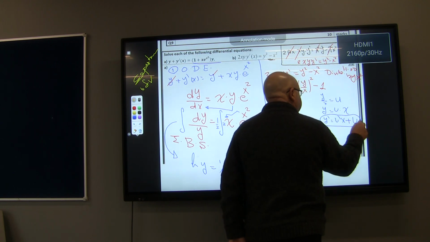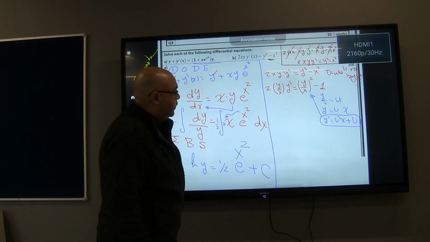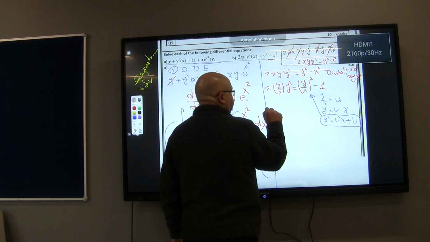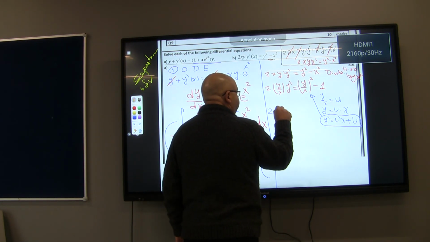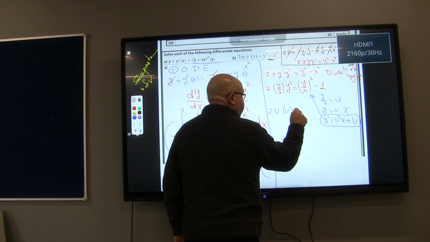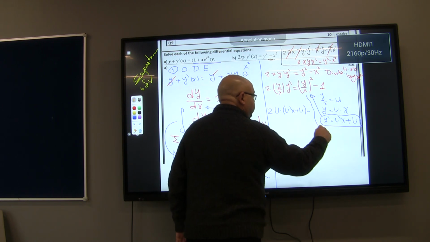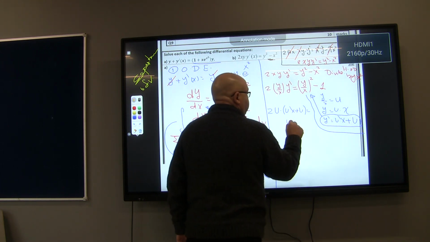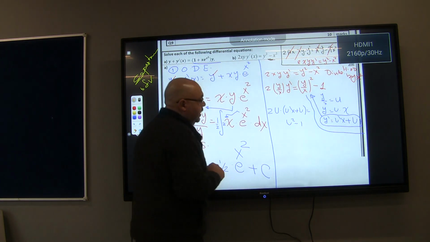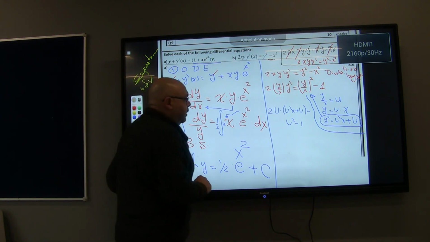Start getting this value and start substituting in this problem. So you will end up having 2u times (u dash x plus u) equal to u squared minus 1. Now let's start rearranging our problem.